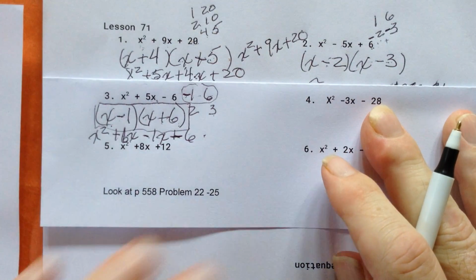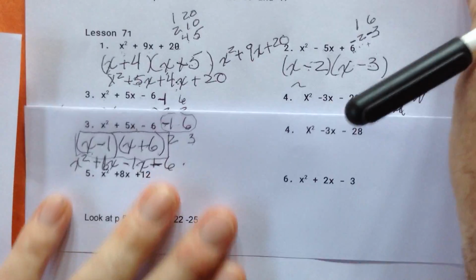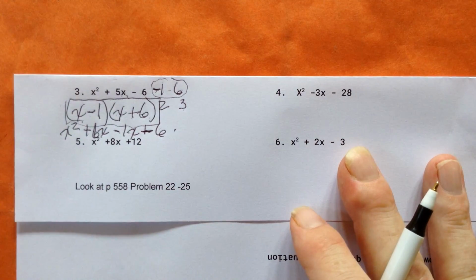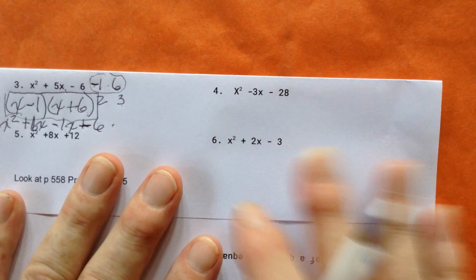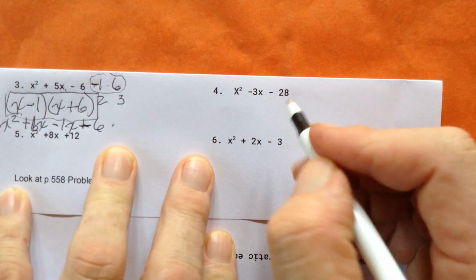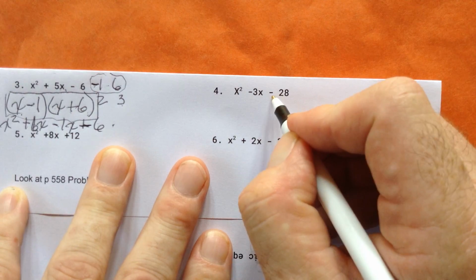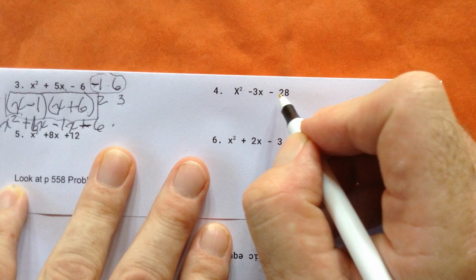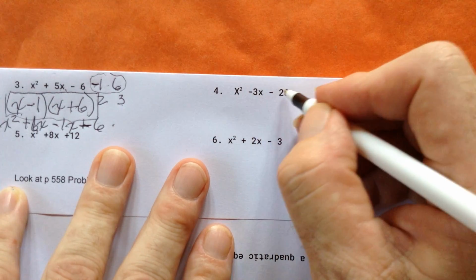All right, how about number 4? I'm going to move this out of the way. This is a redo. I made a mistake on this part, so I'm going to move that out of the way for now. Okay, number 4. We want to factor this out. There's no number in front of the x squared here, so I got -28, so I need to find the factors of 28 that will add up to a -3.